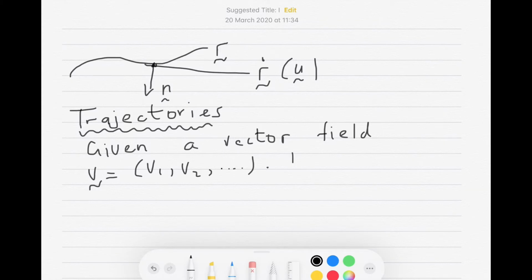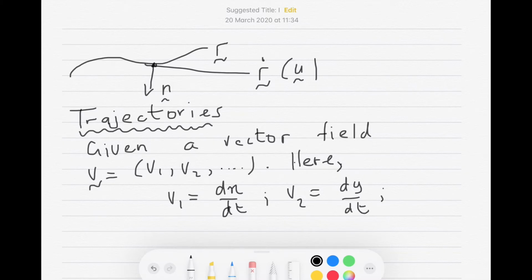So here, then, what we have is that the first component, v1, is the derivative of the x component of vector r of your path. So this will be dx dt. t again is your parameter. The second component, v2, will be dy dt, and so on if we have a higher dimension.